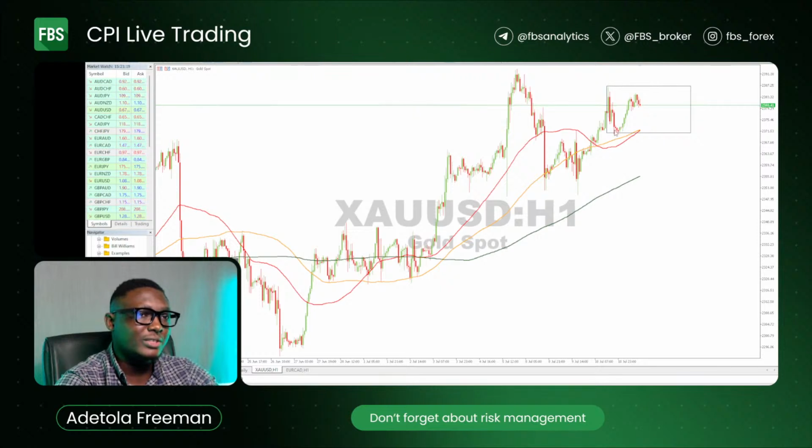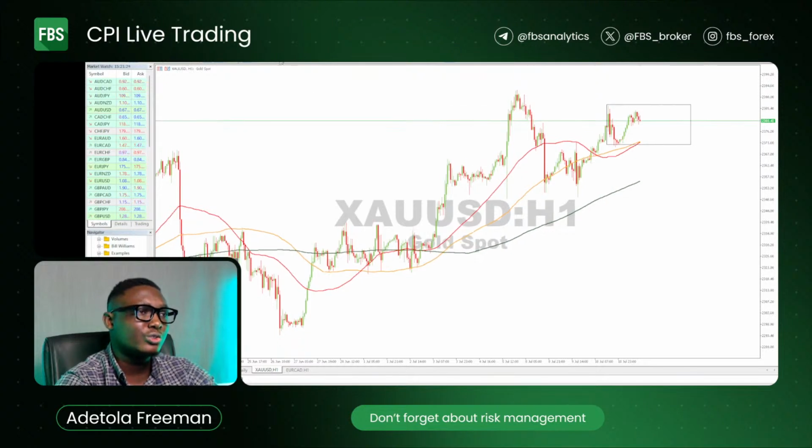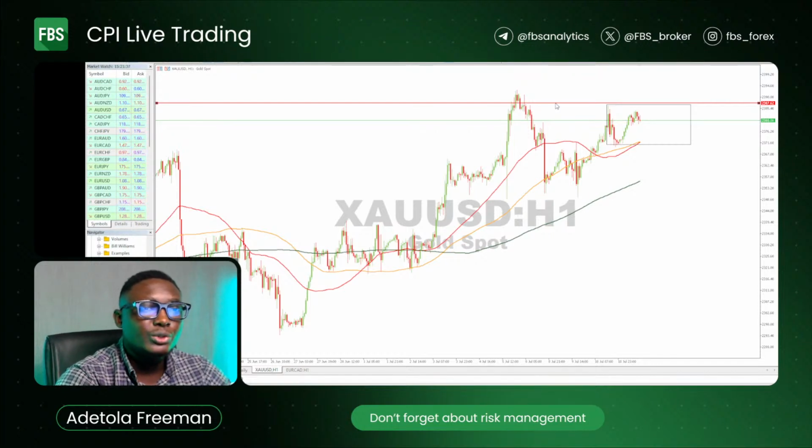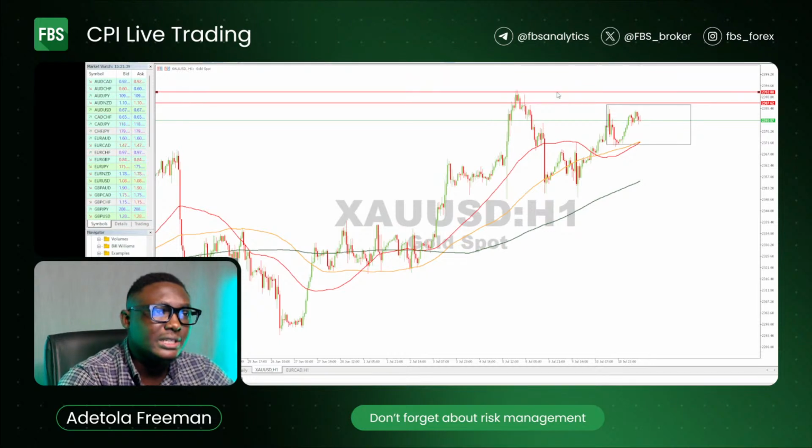Since we've seen an established range on gold, it means that there's a possibility for us to straddle. So for gold, our buy stop can be positioned at, although this is going to be close, 2387.67.